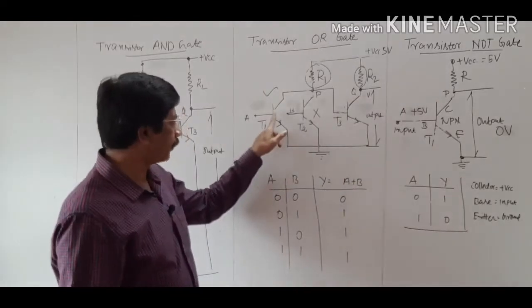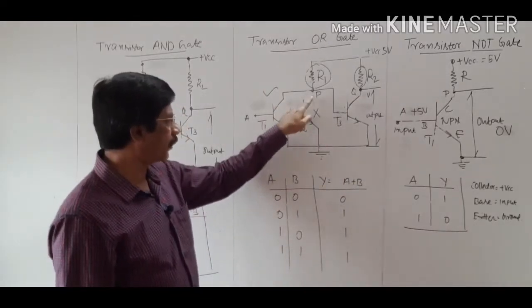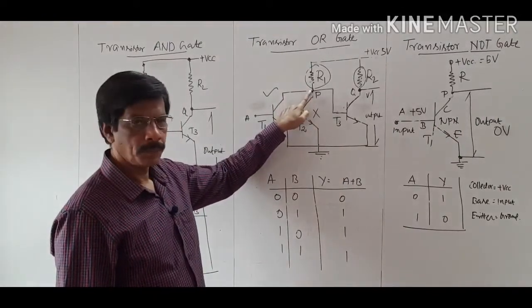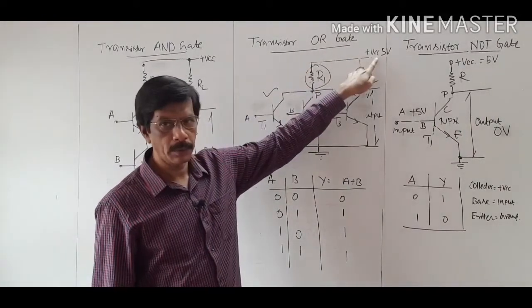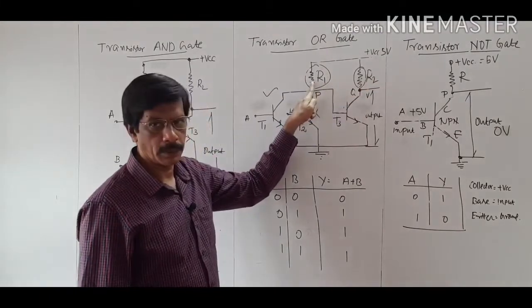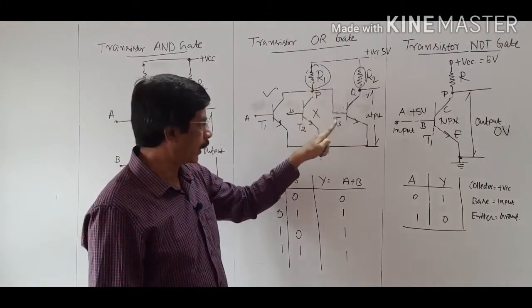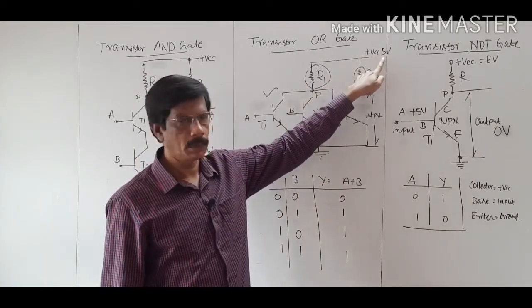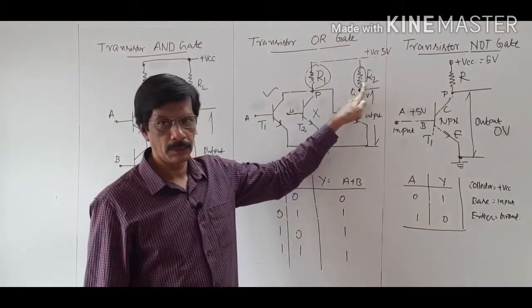The collector of T1, collector of T2 are interconnected, which is connected to plus 5 volt through the resistor capital R1. The collector of T3 connected to plus 5 volt through the resistor R2.